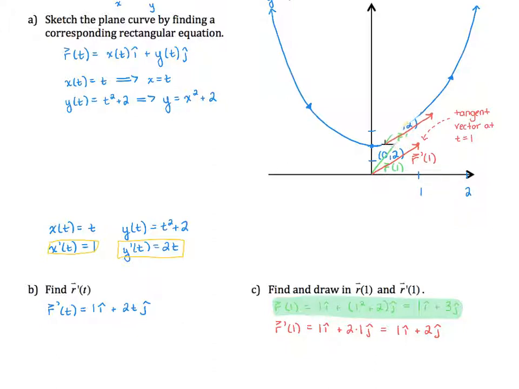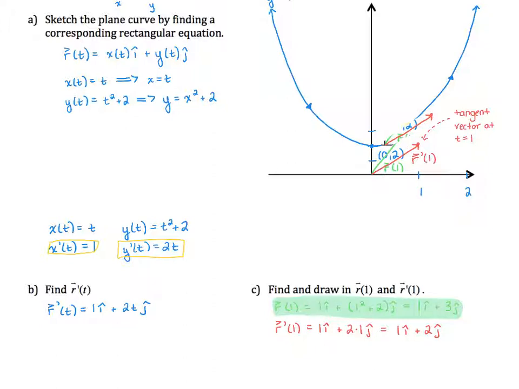But maybe we could believe that if we were to shift that vector up to that point, it would look a little more like it is tangent to the plane curve at the point where t equals 1. That was all very roundabout. Obviously, my picture's not perfect. In a perfect world, that vector would be perfectly tangent to that curve. Looks like my slope's a little off. But hopefully you get the idea.